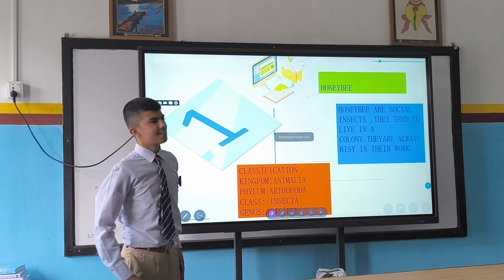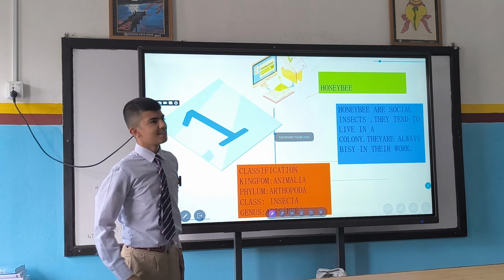Queen bees are the largest bees in a single hive. In a single hive there is only one queen bee. Queen bees are mainly produced for the reproduction of babies or worker bees in a hive. Honeybee size lies up to 12 millimeters, and its body is divided into three parts: head, thorax, and abdomen.